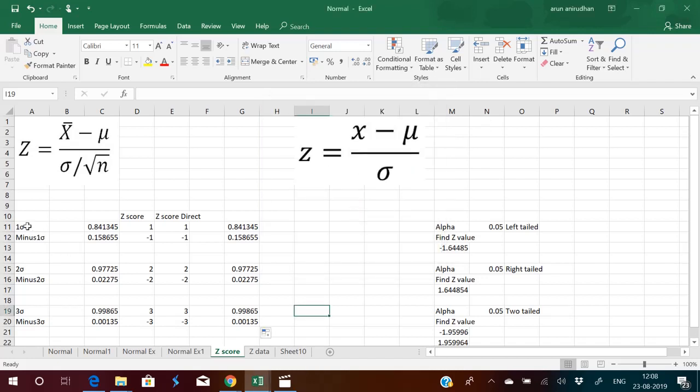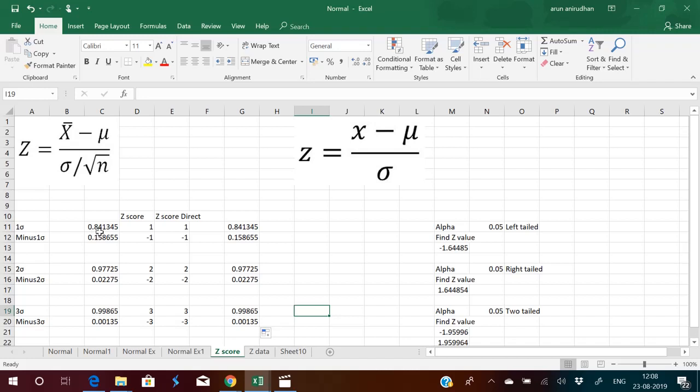So I have written 1 sigma and minus 1 sigma. Suppose our distribution is a normal distribution with 60 as average and 10 as standard deviation. So what will be the p value at 60 plus 1 sigma and 60 minus 1 sigma?